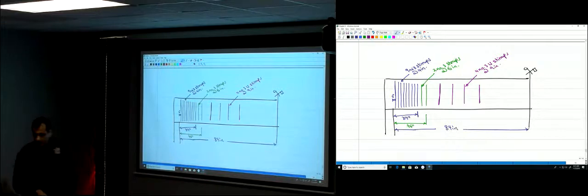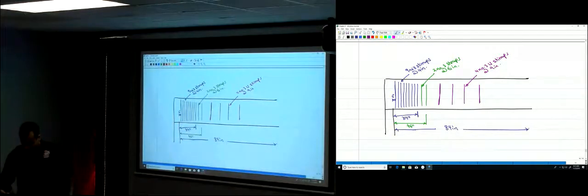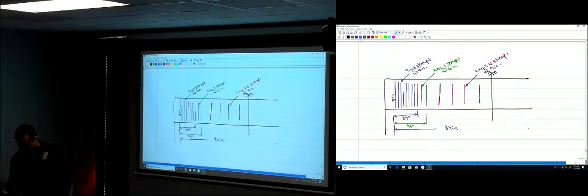Okay? And then this is the center of the beam over here. That's the center. Okay, and then the other half is symmetric.